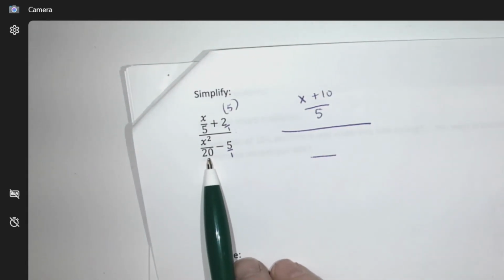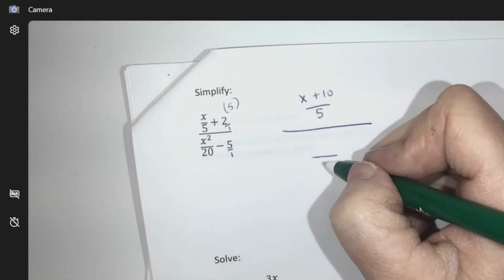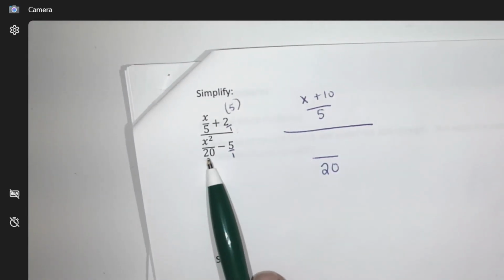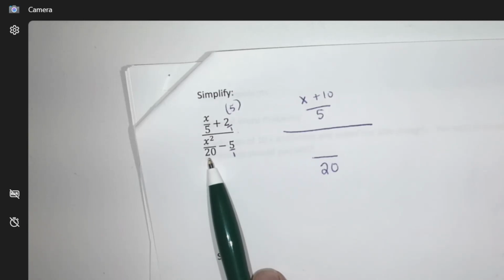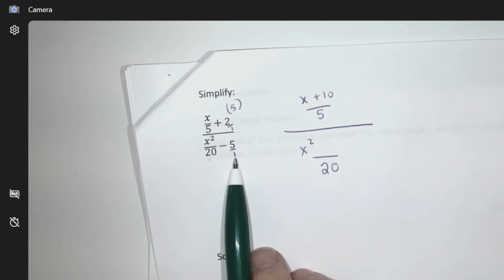Okay, so now to this one, this has a 20 on the bottom and this has a 1 on the bottom. So common, you're going to have to pick 20. So I'm going to do nothing to this one. And then this one, I'm going to have to times the bottom by 20.